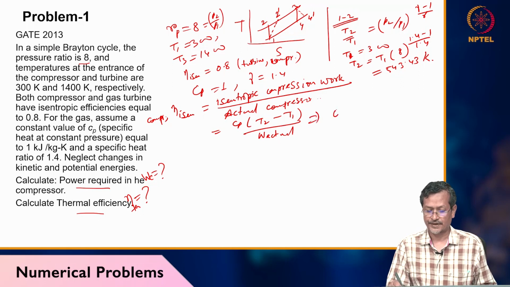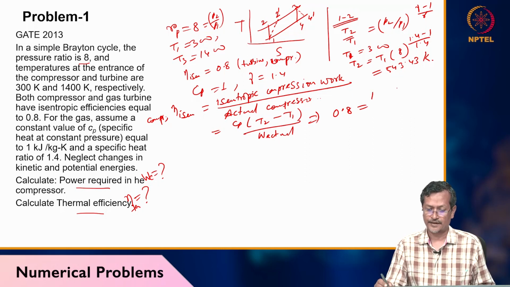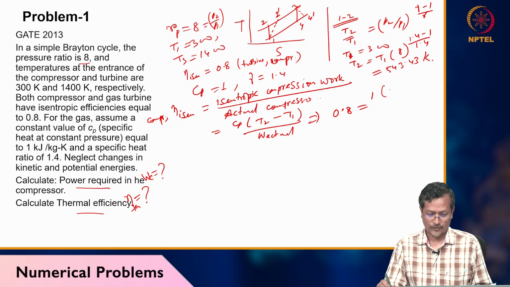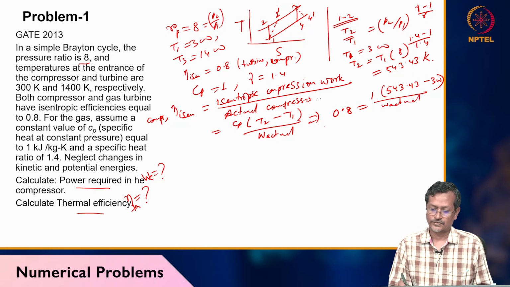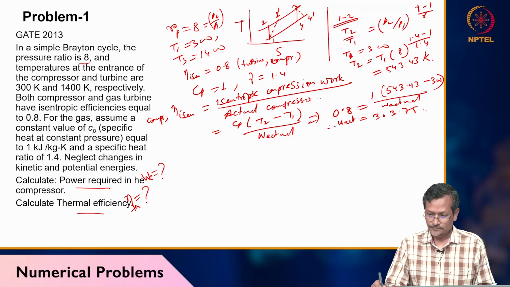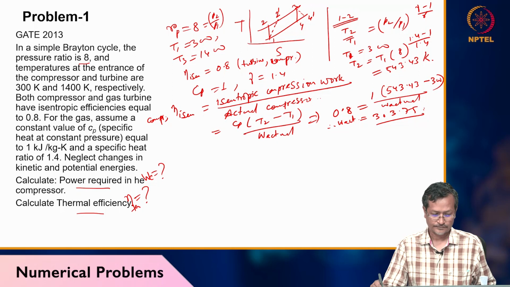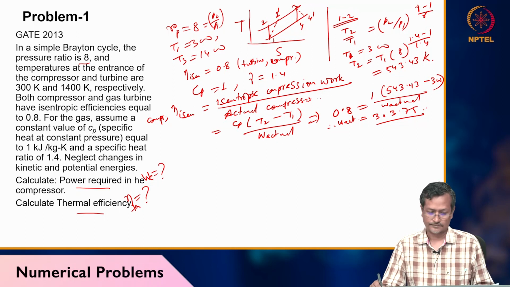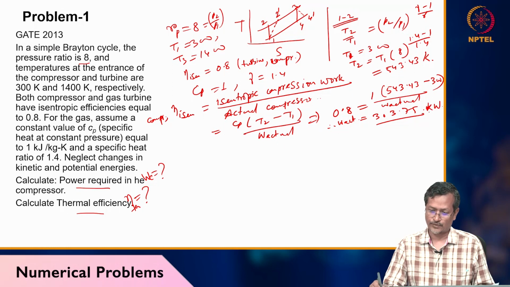Eta isentropic is given as 0.8, Cp is given in the problem as 1, T2 value we just calculated as 543.43, and T1 is 300. Therefore W actual equals 303.75. This is the answer they are asking, and the unit will be kilojoules per kg.